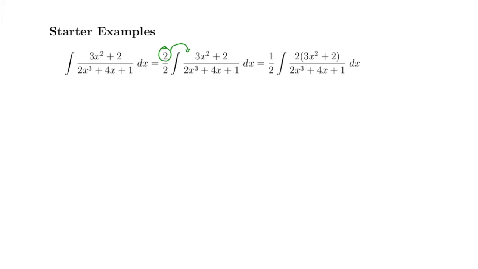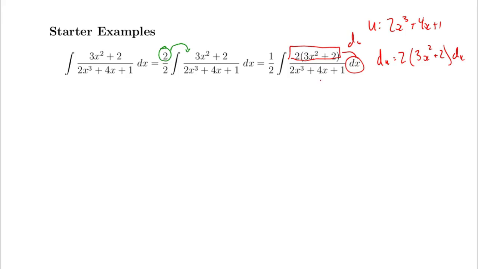So that works out nicely because now we can see u was 2x cubed plus 4x plus 1. And du, we said, was 6x squared plus 4, but we could write that as 2 times 3x squared plus 2 dx. And there it is. These two things together become du, and our denominator becomes u.